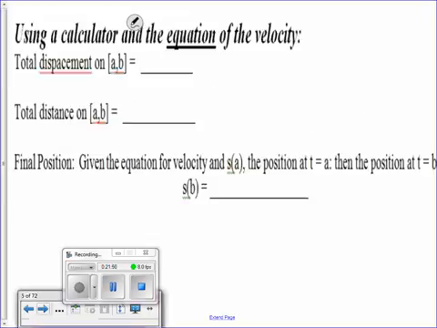Now, let's say you had a calculator and you're given the equation of velocity. How do you get displacement on the interval from A to B? Okay, S of B minus S of A, but now let's say you're only given the equation of velocity. You don't have the position function yet.